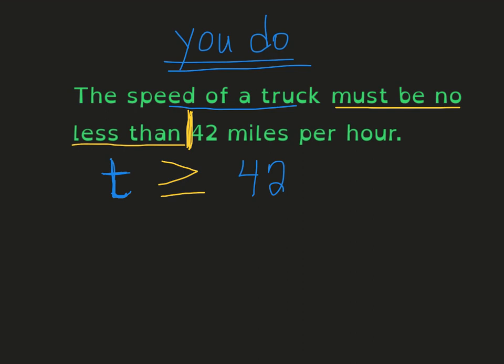And that could honestly be true. So sometimes there's minimum speed limits, so you can't go slower than like 42 or 40 or whatever it is. But this one was the speed of the truck must be no less than 42 miles per hour. So it has to be greater than or equal to 42.